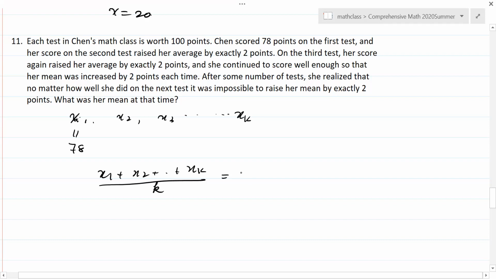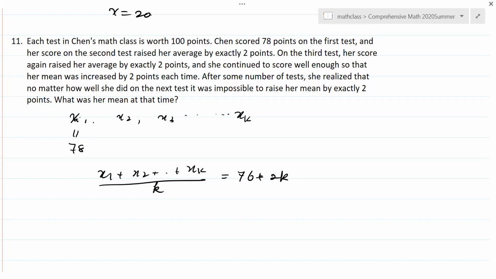The mean of the k test scores is going to be 76 plus 2k. When k equals 1, that's just 78. When k equals 2, it will be 80.